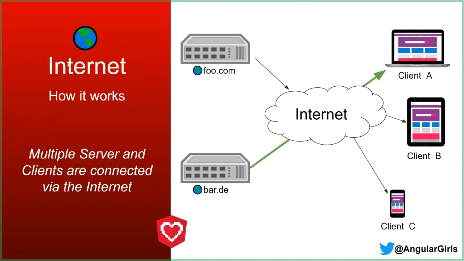Like here I did, for example, foo.com or bar.de or bar.pl, for example, for Poland. And these stand in data centers, and these data centers are connected to the internet. Also connected to the internet are other people, like we with our computer, called a client.